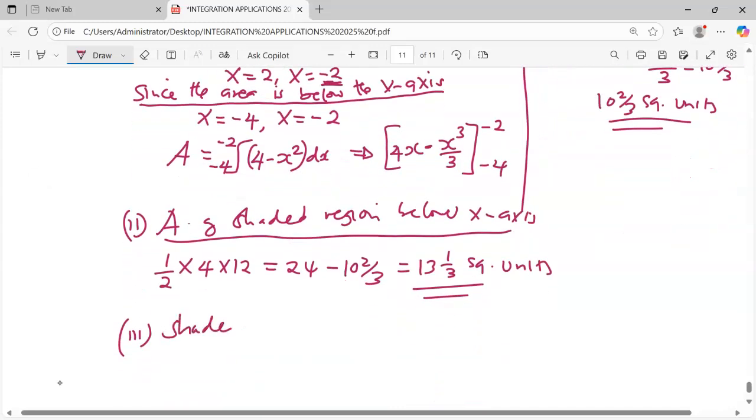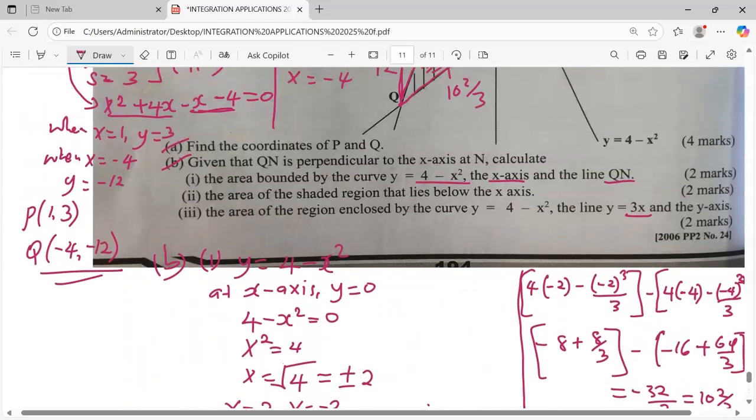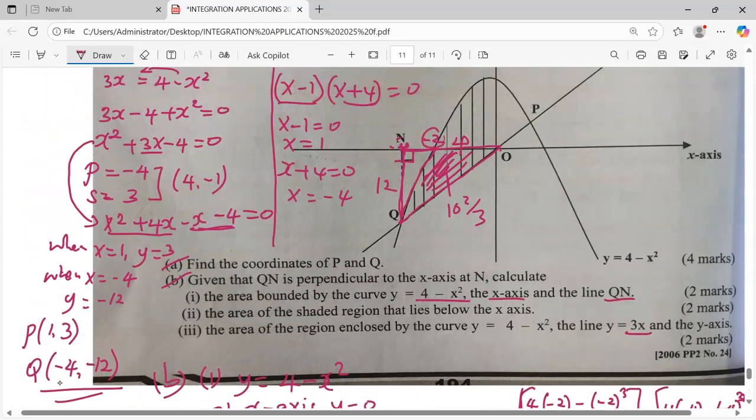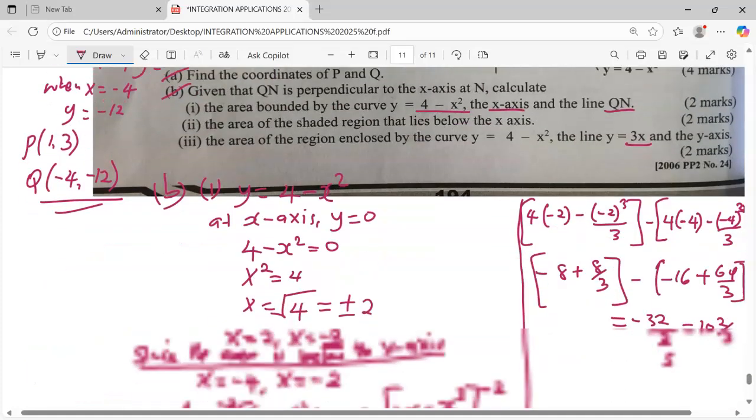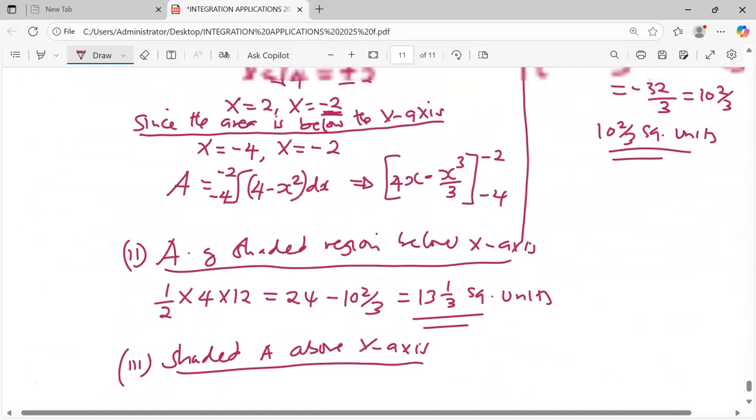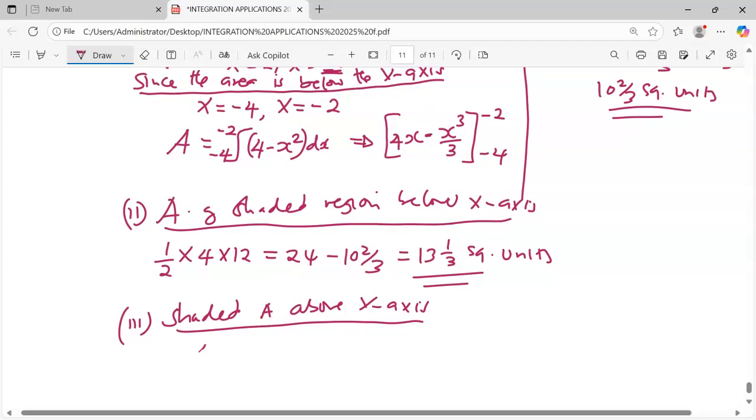So we find the shaded area above the x-axis, and the shaded region above the x-axis is going to be between x equals -2 and 0. So we are going to take the integrated expression of the curve, that is 4x minus x cubed over 3. Then we use the limits 0, -2.